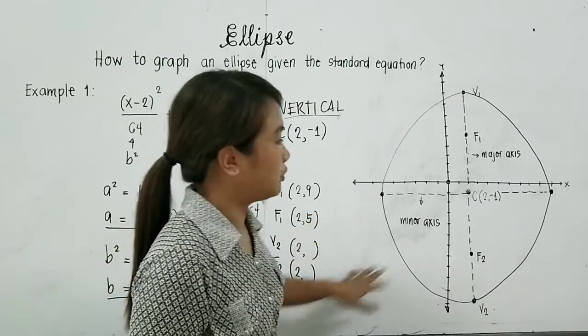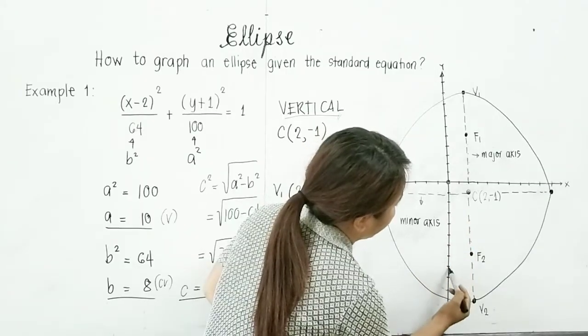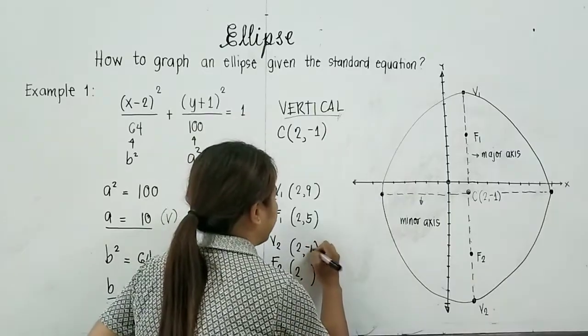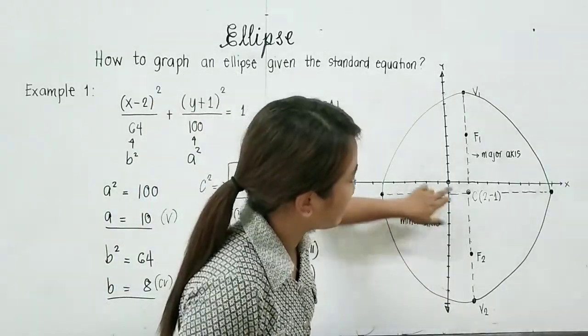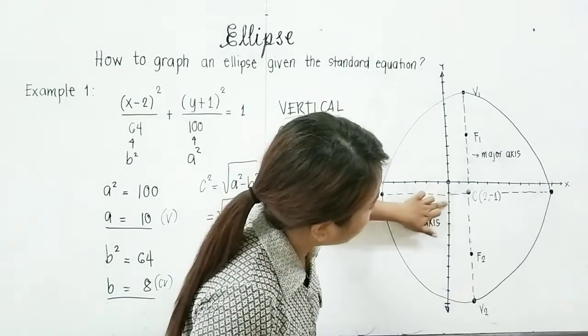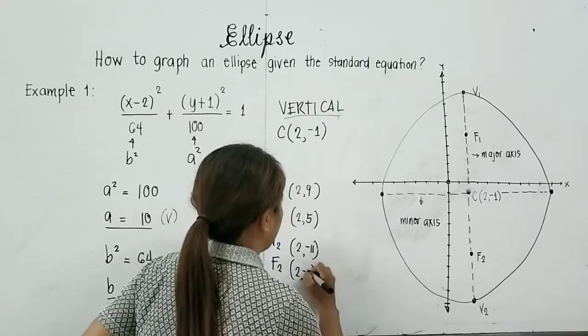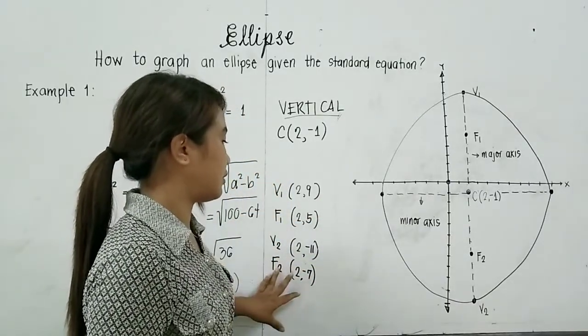For V sub 2 from the origin, we will count 11. This is negative 11. And for F sub 2, from the origin we count 1, 2, 3, 4, 5, 6, 7. So this is negative 7. So these are the coordinates of our vertices and our foci.